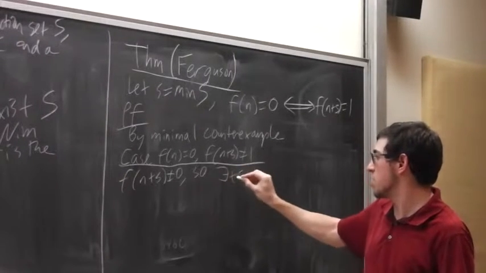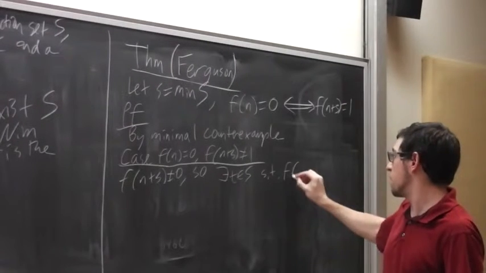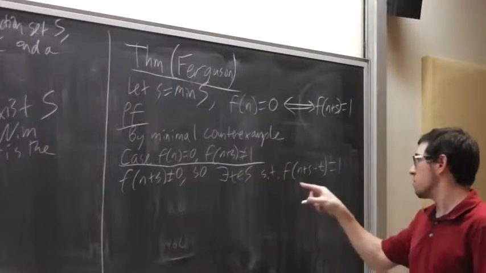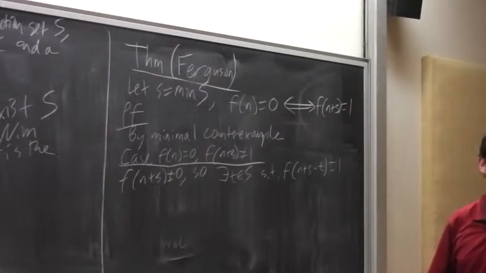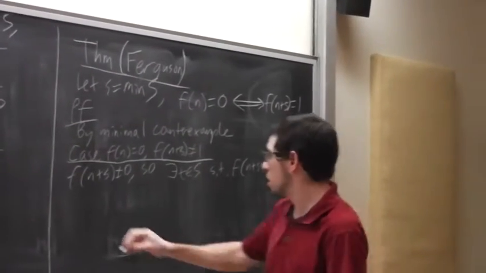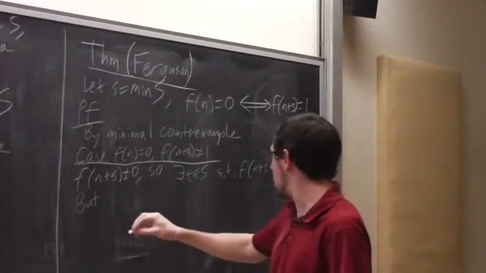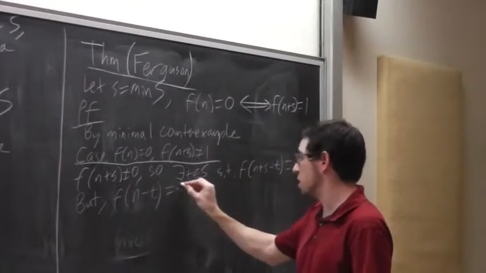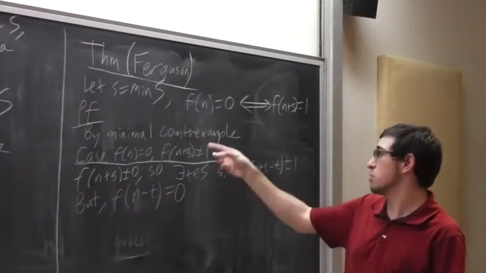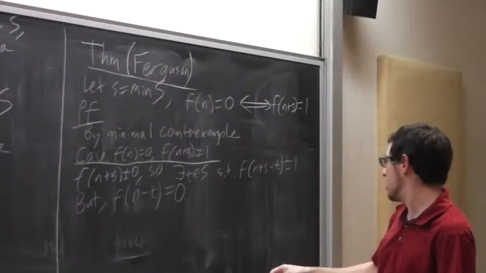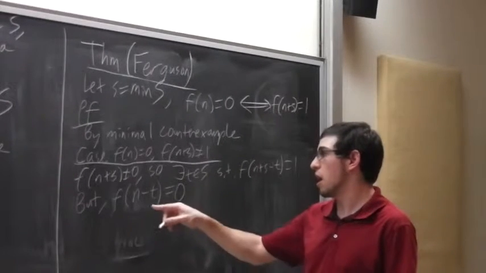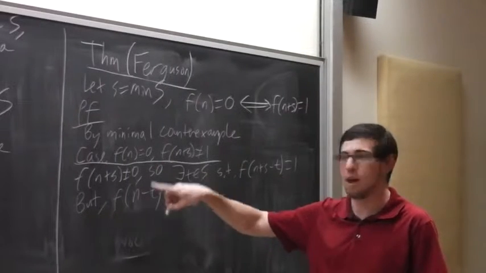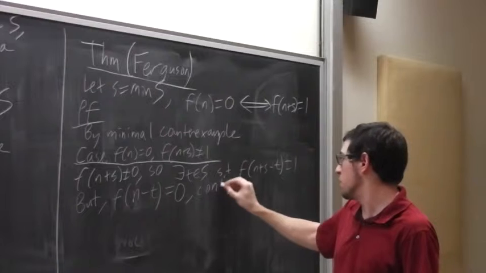So there exists a t in the subtraction set such that f of n plus s minus t is equal to 1. But then, from this position, we can remove s counters, because s is in our subtraction set. And when we remove s counters, the value was 0 because we assumed that n was a minimal counterexample. But since f of n minus t is 0, f of n can't be 0 because we can legally move here from n. So this contradicts f of n equals 0.